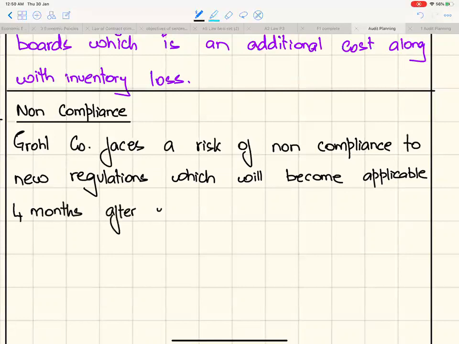So you face a risk that you may not be able to comply.